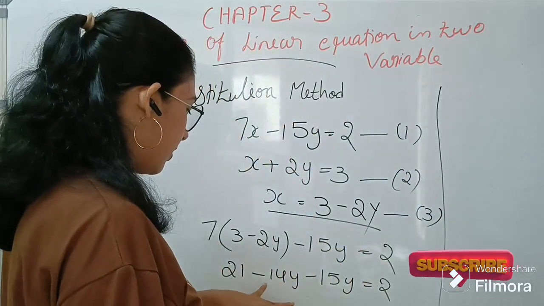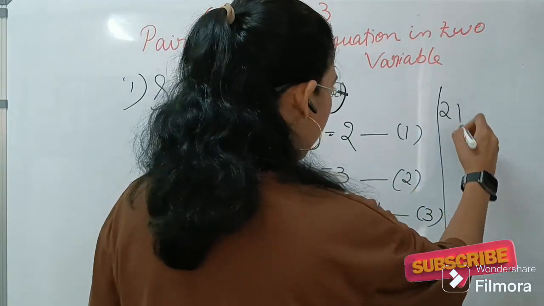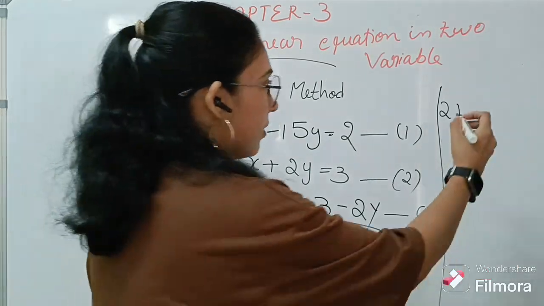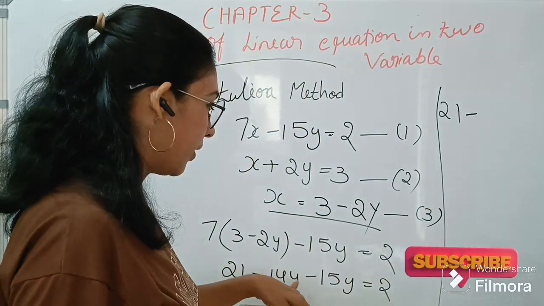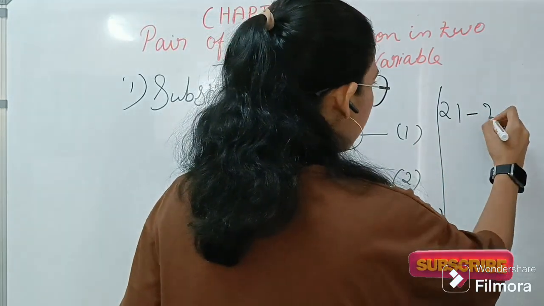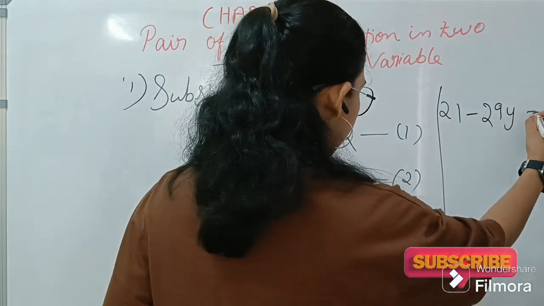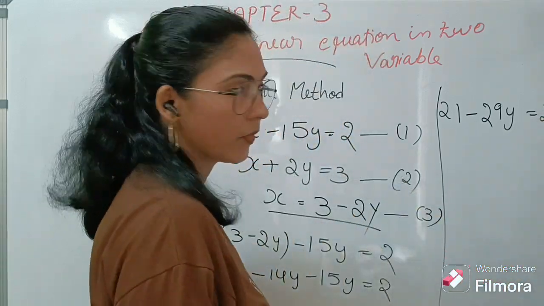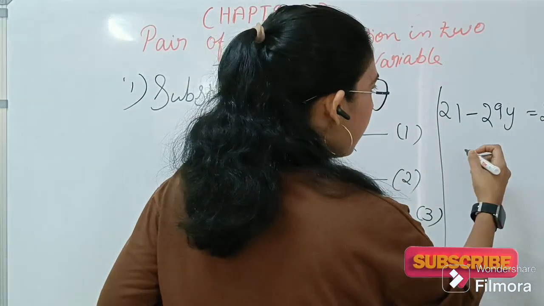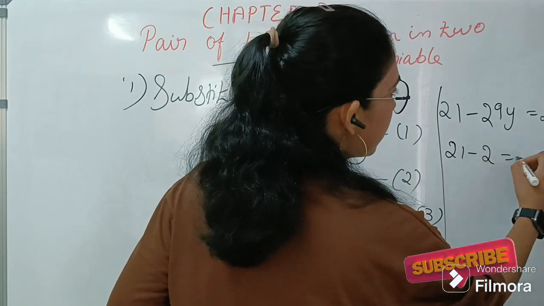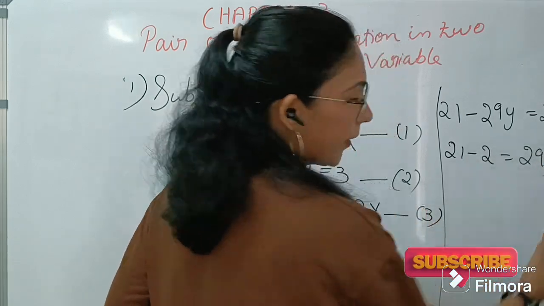Okay, so what is this? That is 21 minus 14 minus 15. Minus is there, then 14 plus 15 is 29. So 21 minus 29y is equal to 2. Okay, then on transpose we get 21 minus 2 is equal to 29y.